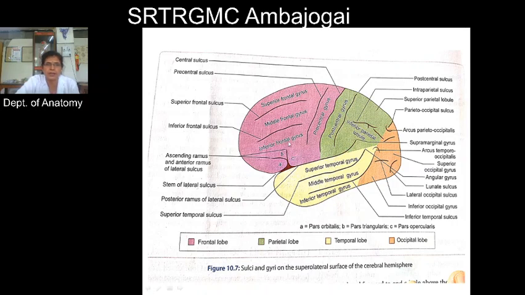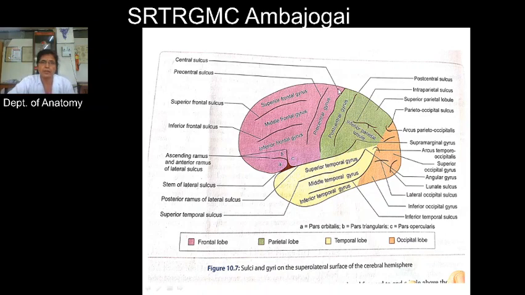So this inferior frontal gyrus is divided into 3 areas: the A, here shown, is the pars orbitalis, B, which is present between this horizontal and ascending rami, is the pars triangularis, and C is the pars opercularis. So these are the sulci and gyri in this frontal lobe.